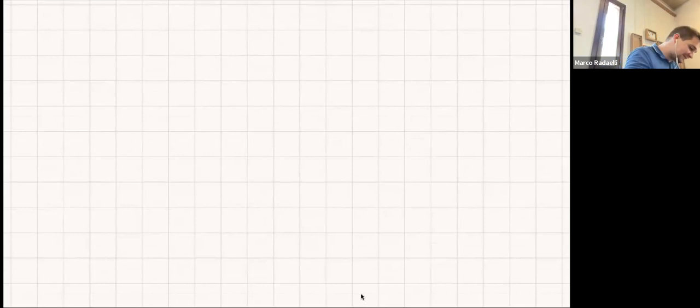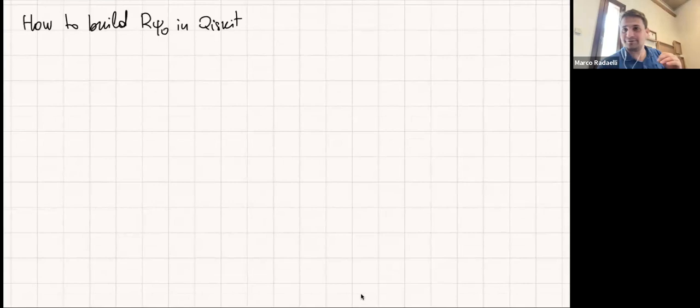Okay, so the question is how to build R psi-not in Qiskit. When I found that generate diffuser function, I found it a bit weird, so I wanted to understand the internal machinery.